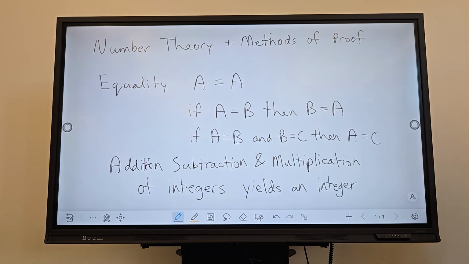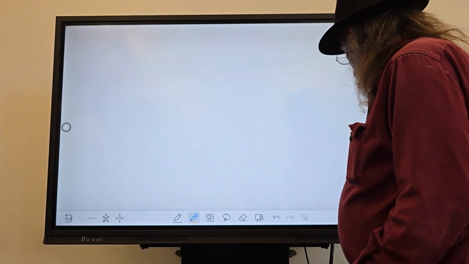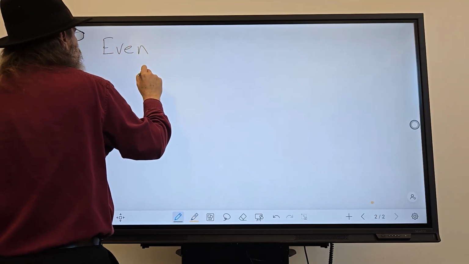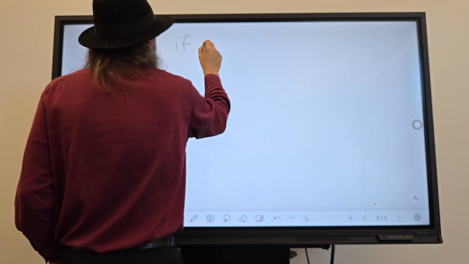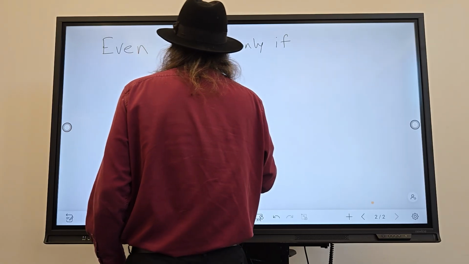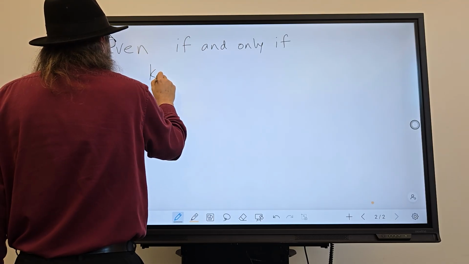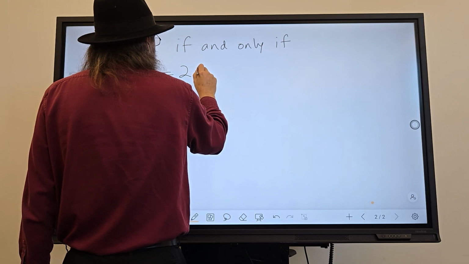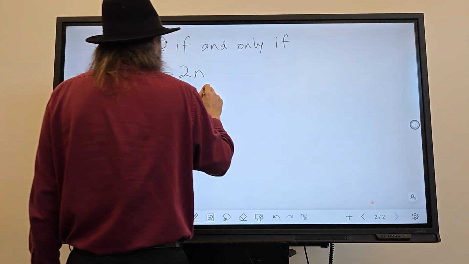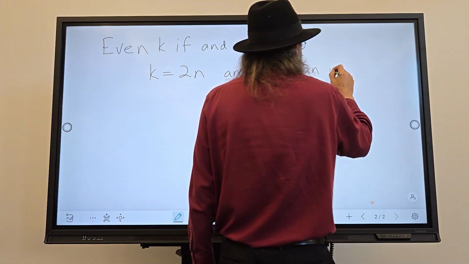Even, odd, and prime and composite integers. Even: an integer k is even if and only if k equals 2n, where n is an integer.